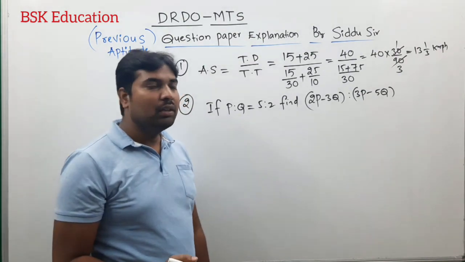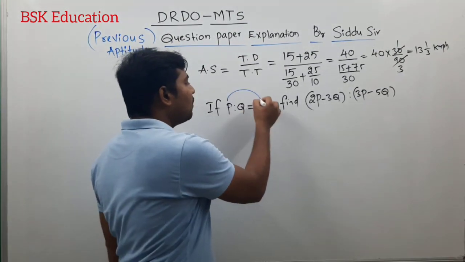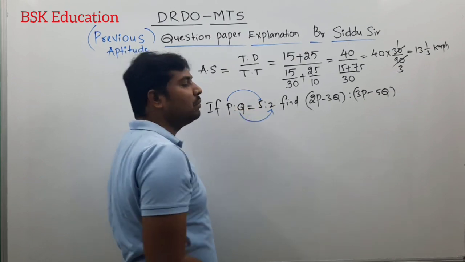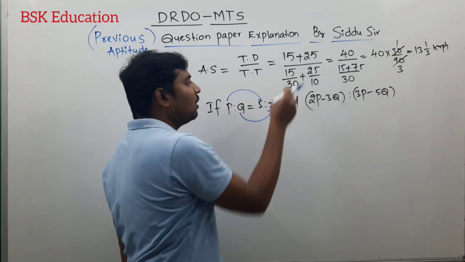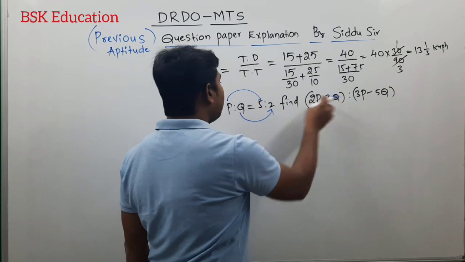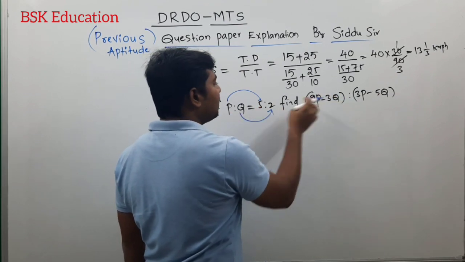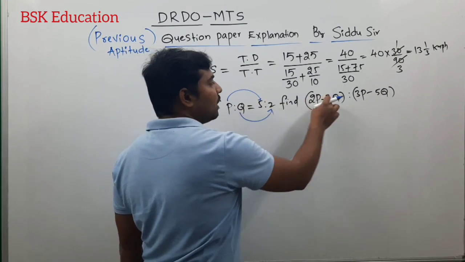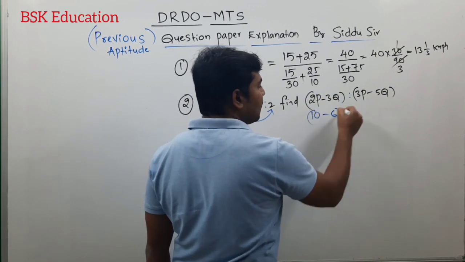So P is equal to 5 and Q is equal to 2. Take P value as 5 and Q value as 2, then substitute the values in the equation. 2P minus 3Q: P is 5, so 5 into 2 is 10. Q is 2, so 3 into 2 is 6. 10 minus 6 is 2.